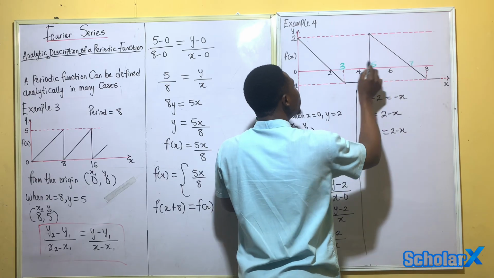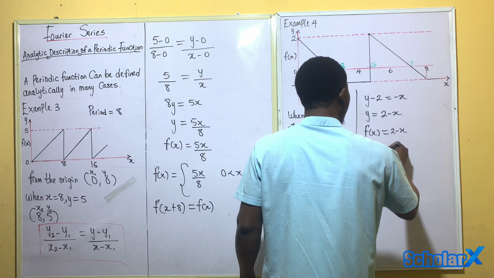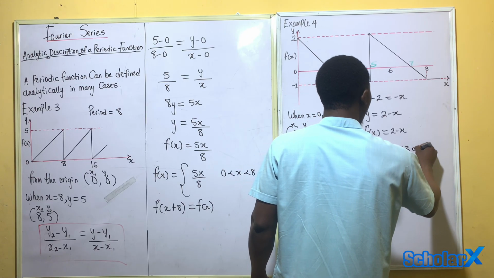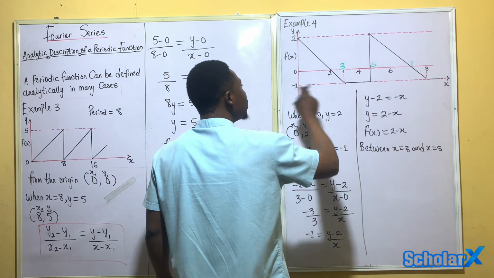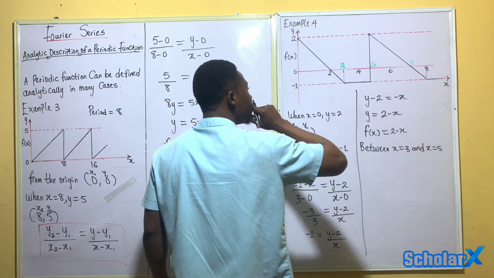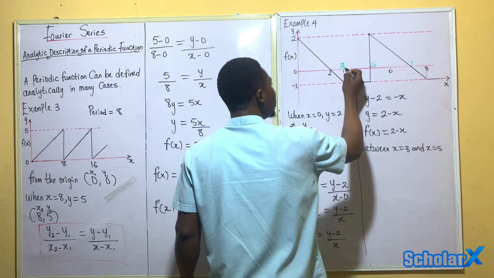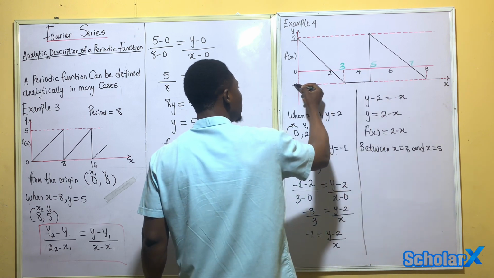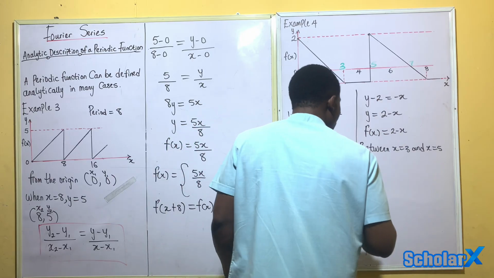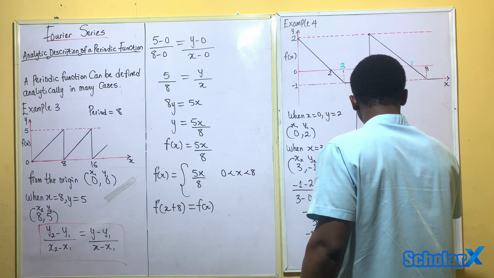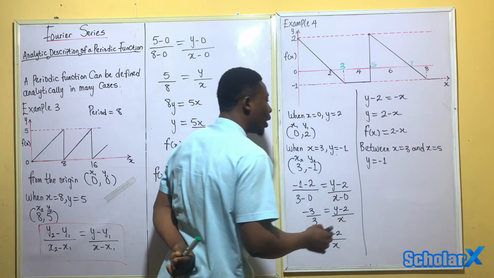You notice that between x equal to 3 and x equal to 5, you have y as minus 1. Look at between this and this, you have y as minus 1.